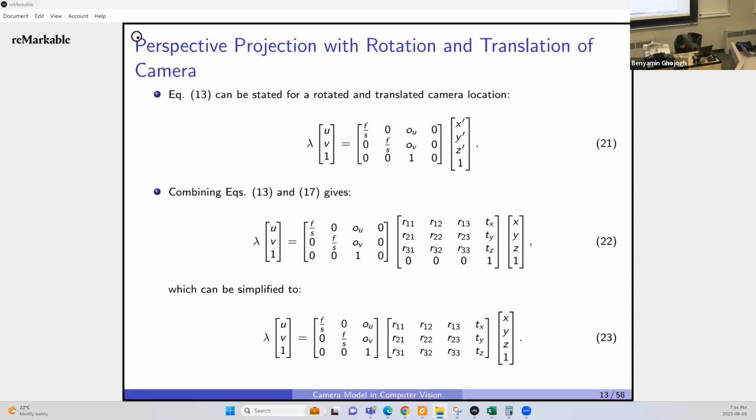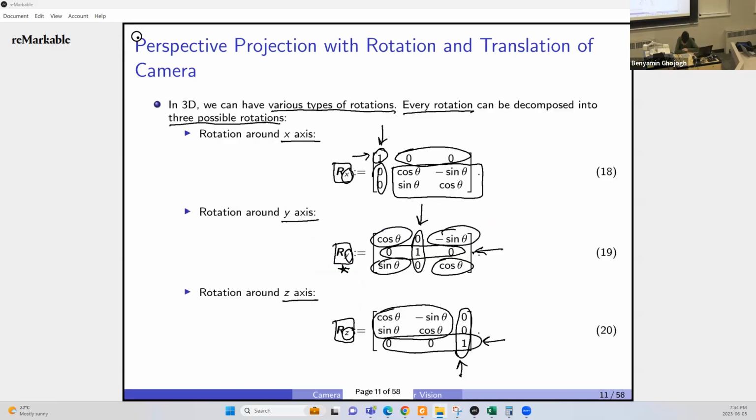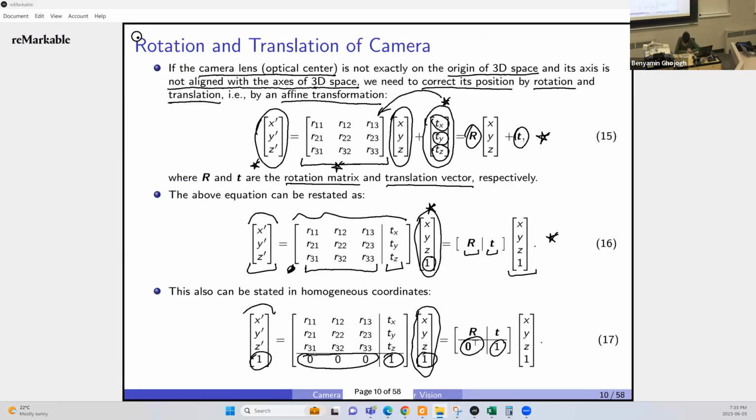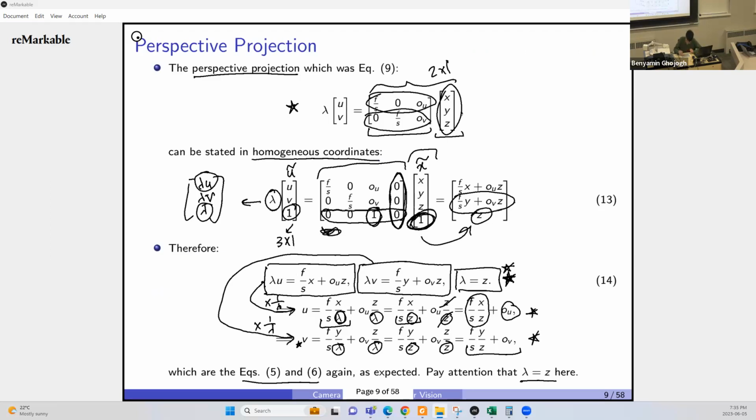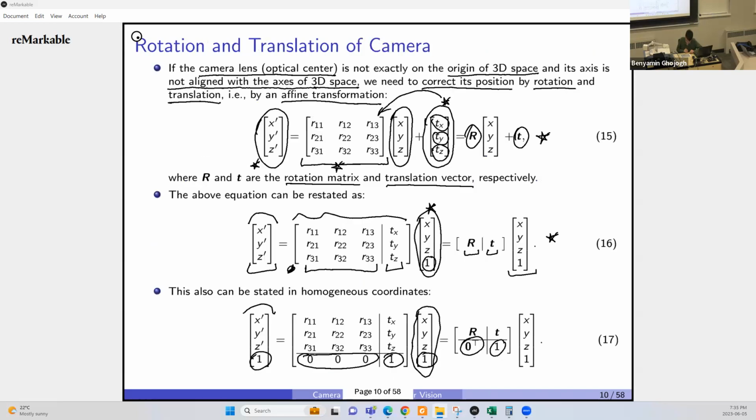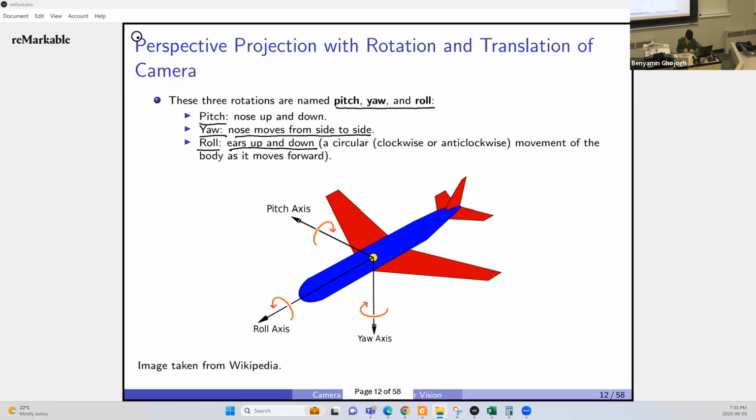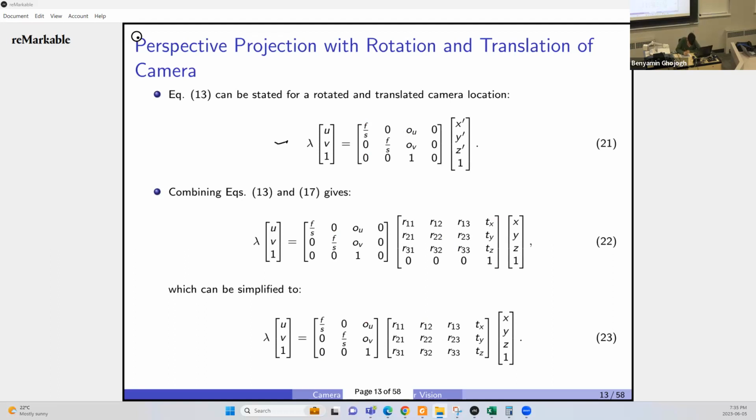Then perspective. So equation 13. Let's go back to equation 13. What was equation 13? Do you remember this? So lambda u v1 equals f of this equals this. This is equation 21.